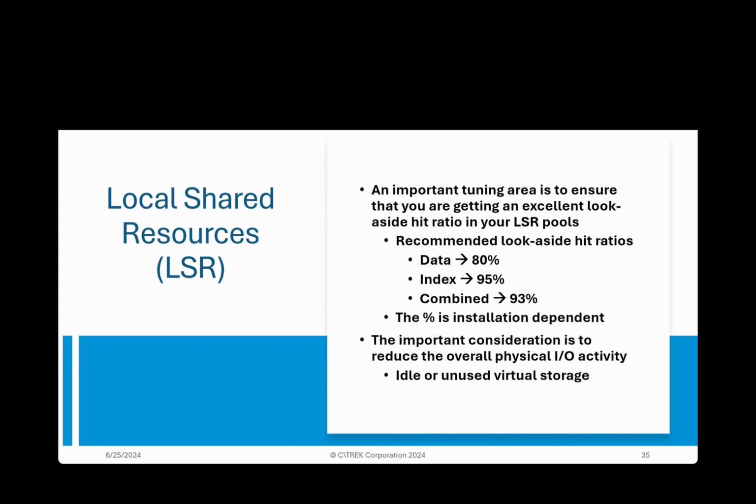And a combination of both of 93%. What it basically is saying is that if you do 100 accesses to a file, 93% of the time you should find the information in memory, and you don't have to go out to the disk. Remember that an I/O costs you two things.